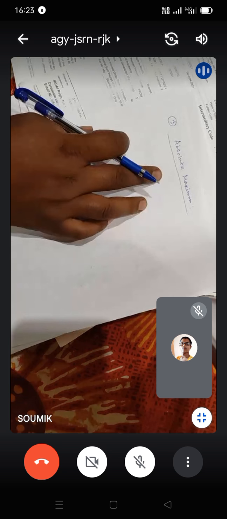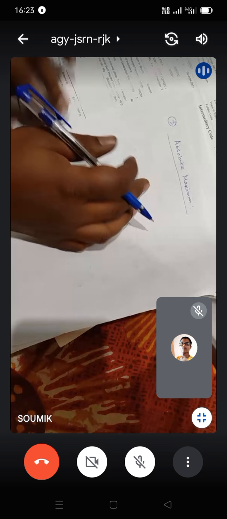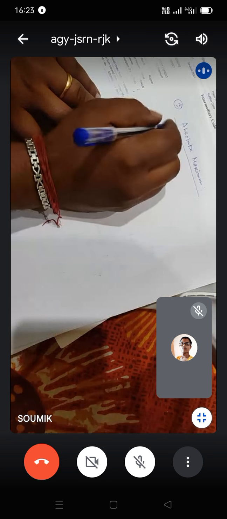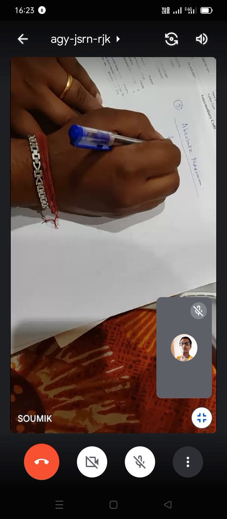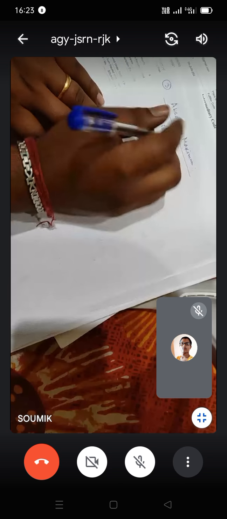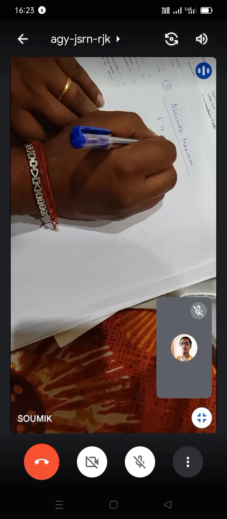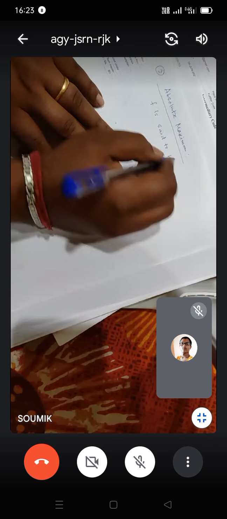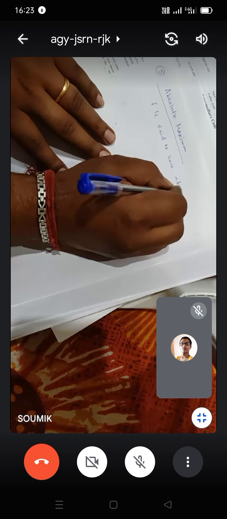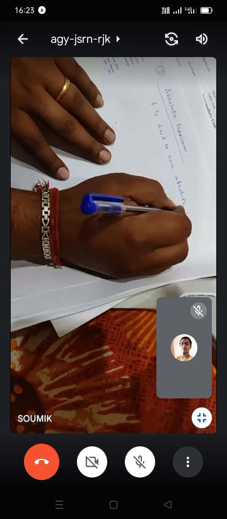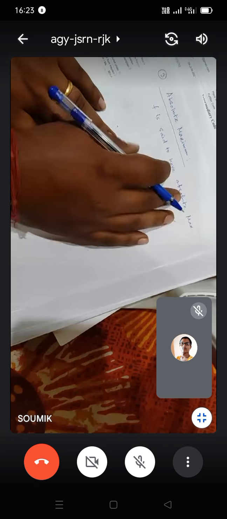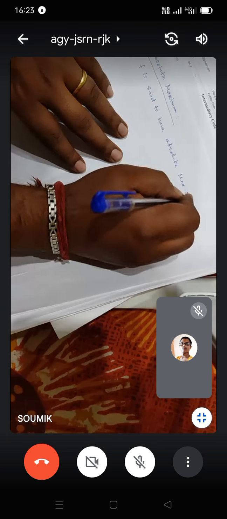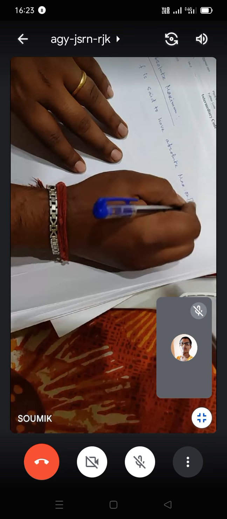So the absolute maximum means f is said to have absolute maximum on AB.